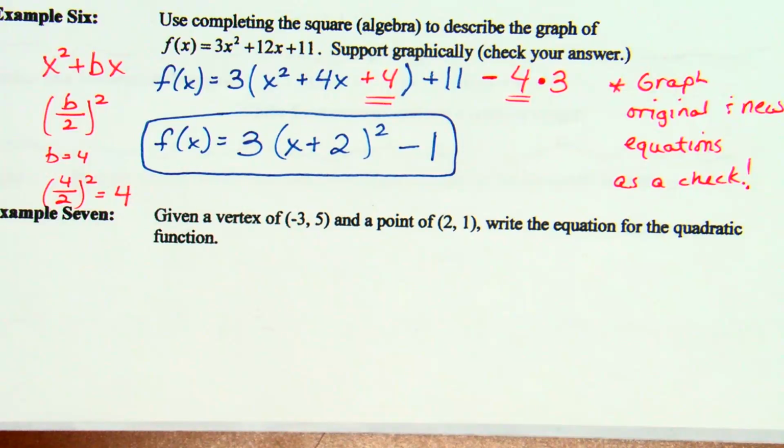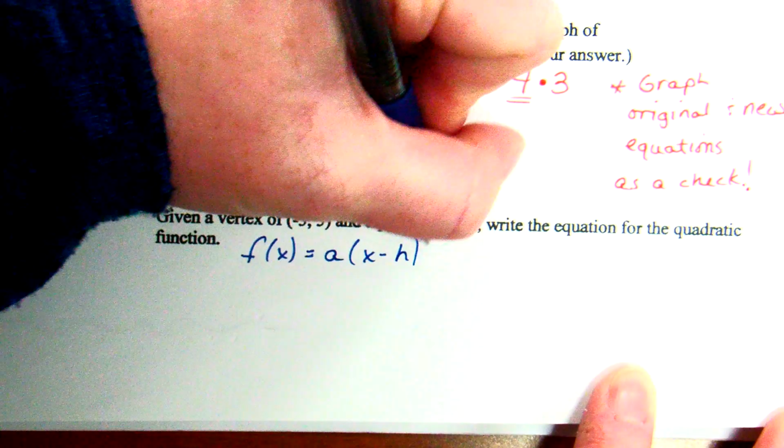Okay, so needless to say, we're writing in vertex form. What is vertex form? Vertex form, I just wrote it in. F of x equals a times x minus h squared plus k. And you can say f of x or you can say y.